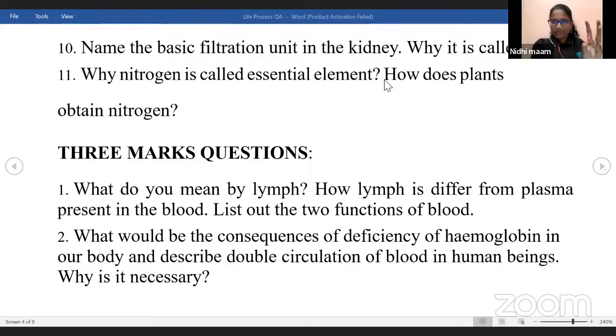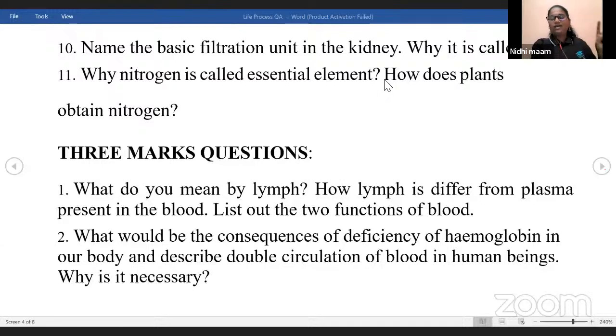Take DNA, the genetic material, proteins, amino acids, various kinds of carbohydrates. So nitrogen is present in all of them. So it forms a basis, right?